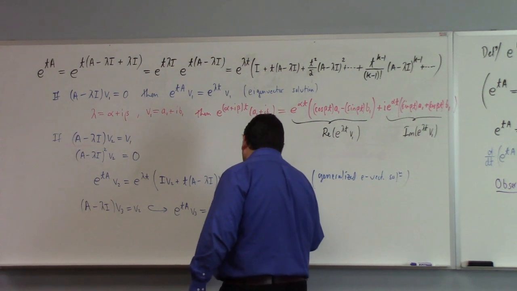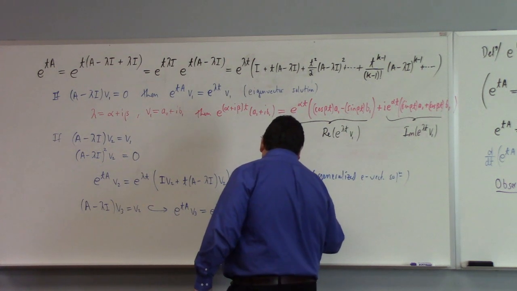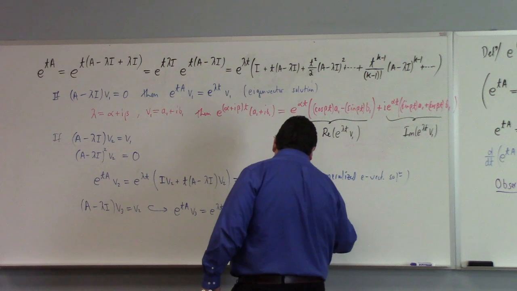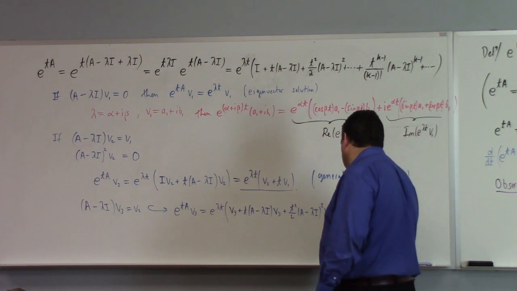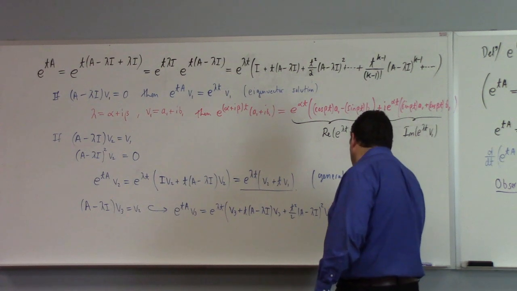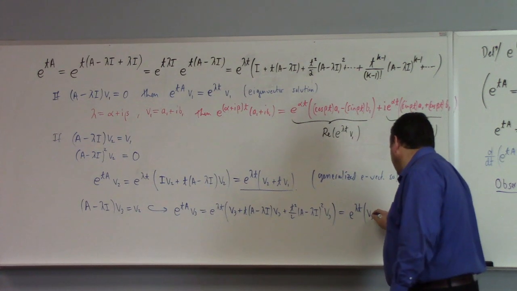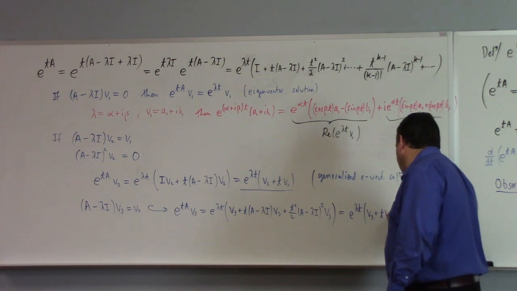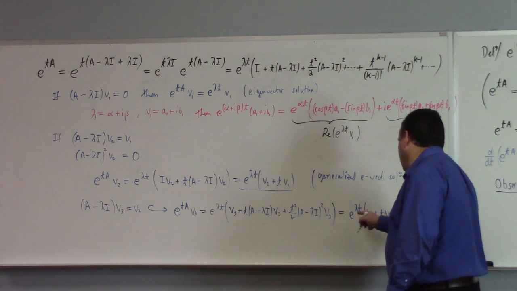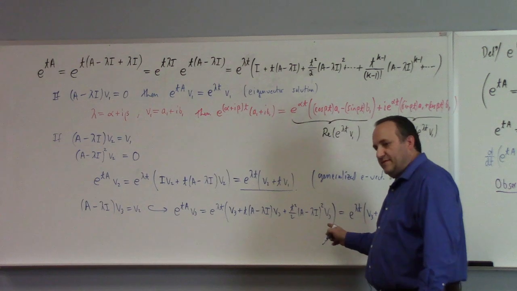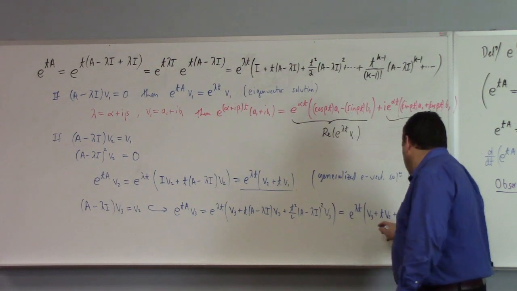I'm just going to write it out. v3 plus t (A minus lambda I) v3 plus t squared over 2 (A minus lambda I) squared v3. The next thing is 0. So that's v3 plus t v2 plus t squared over 2 v1. Right, because the first application gives you down to v2, and then the second application gives you down to v1. And there you go.